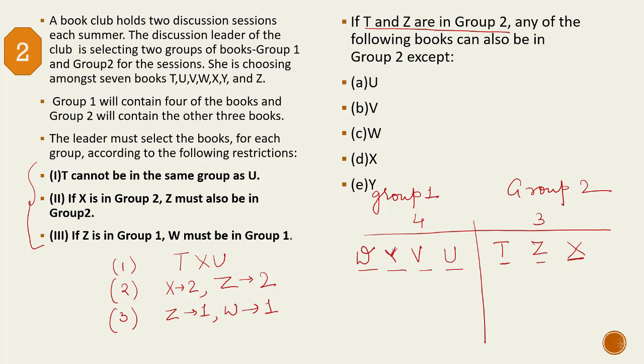But we might not have to make this entire arrangement because our question was: if T and Z are in group 2, any of the following books can be in group 2 except. The moment I put T in group 2, I am excluding U from being a member of group 2, because T and U cannot be in the same group. U can never be a part of group 2. So we might not have to do this actual arrangement. This question can be answered by this fact alone.